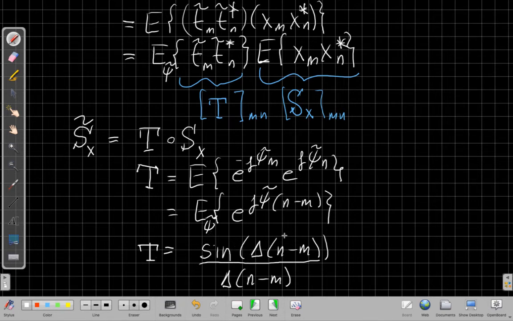So it turns out n minus m in a matrix are along the diagonal, so are along sort of super and subdiagonals. So it'll be 1 on the main diagonal, and then you'll have sinc of delta for when n is 1 greater than or minus 1. So these will be constant. This will be a Toeplitz matrix, constant along the diagonals for the covariance matrix. So it preserves that property of the true covariance matrix. It still implies the Toeplitz.